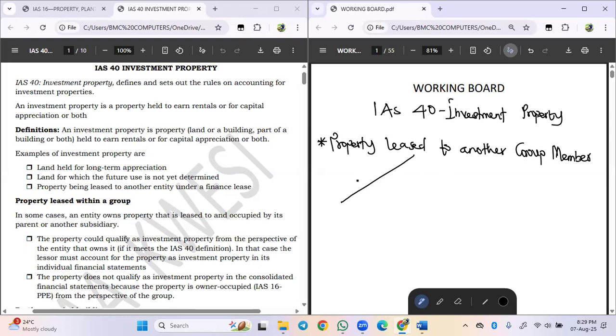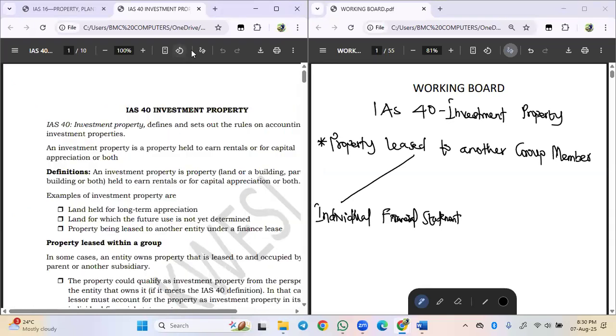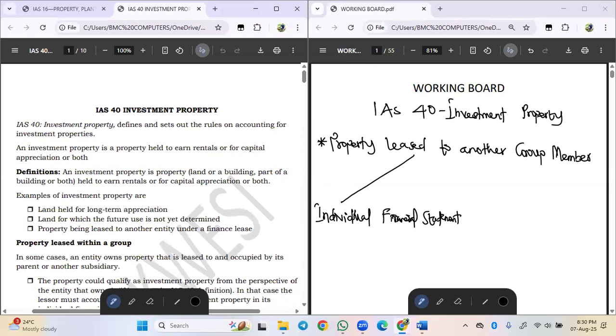The one I want to talk about first is the individual financial statement. So let's say we have the parent company and a subsidiary, and they are in a group.